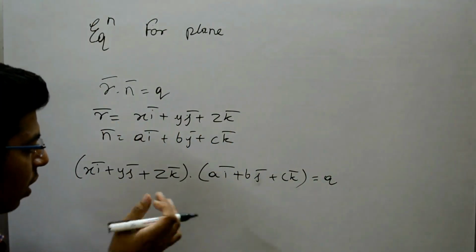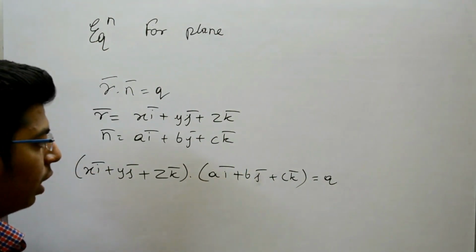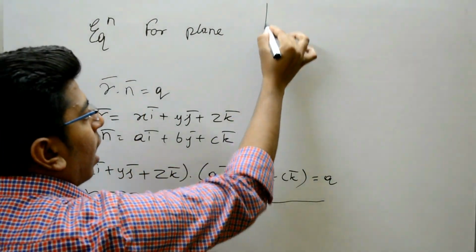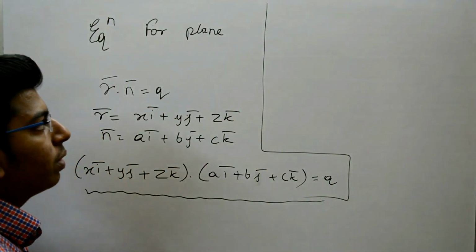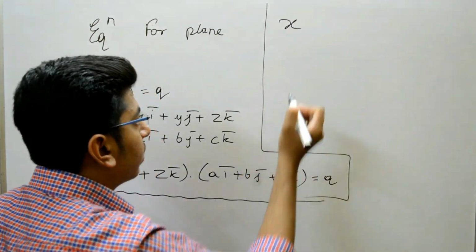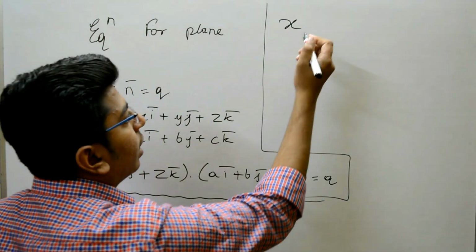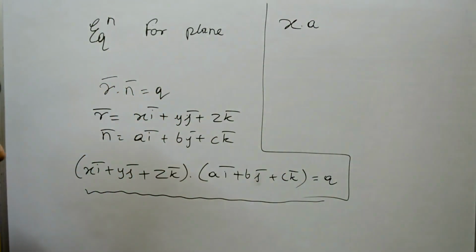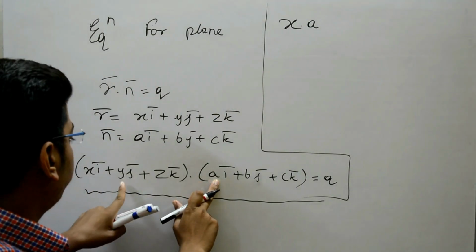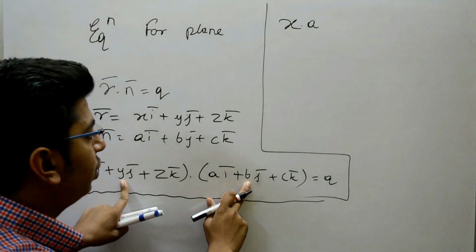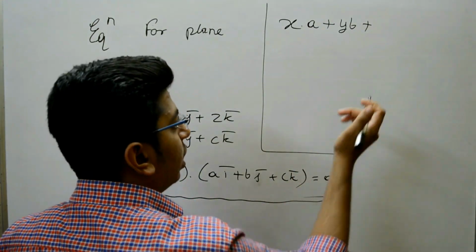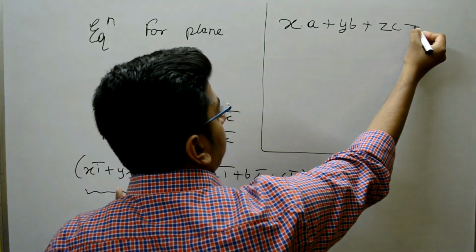Now according to the dot product, by the property of the dot product, if we simplify this, we will get x into a, the coefficient of i into coefficient of i, coefficient of j into coefficient of j, plus yb, similarly zc, equal to q.